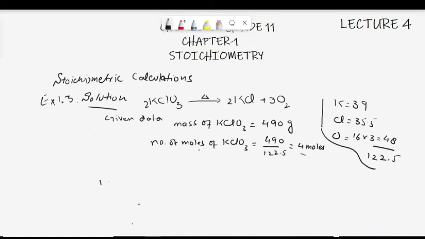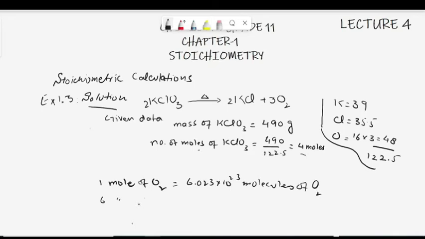So 1 mole of oxygen is equal to 6.023 into 10 raised to the power 23 molecules of oxygen. But now you know that we have 6 moles of oxygen.